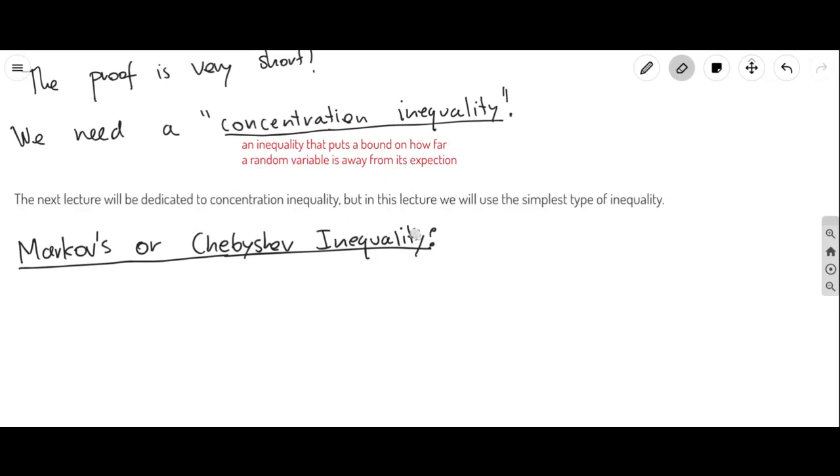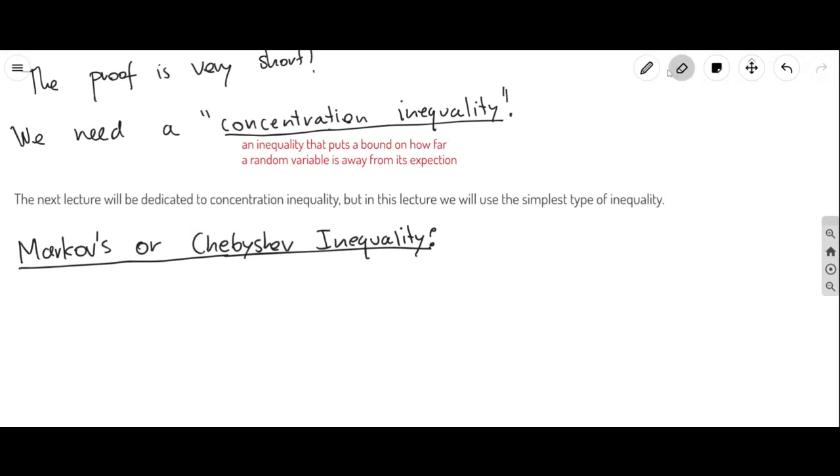Basically, what I imagine happened was, in the early days of probability theory, one of the prominent mathematicians who contributed was Andrei Markov, and also Chebyshev. And Markov probably wrote a lot of papers where he kept on using a certain inequality a lot of the time. It's sort of like the equivalent of the triangle inequality in advanced calculus. It's very simple, but you use it a lot. It's very useful. So this is one of those inequalities which is very, very simple, but it is used a lot in the subject.